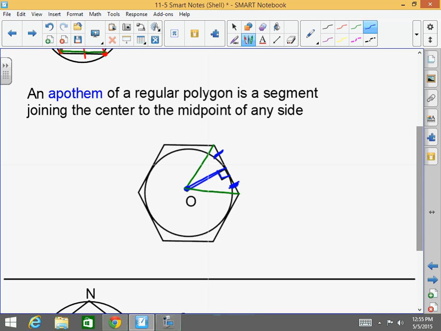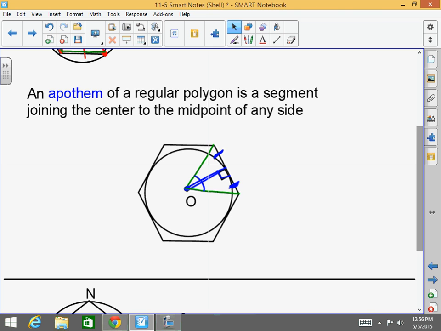And also what the apothem does, it's an angle bisector to the central angle. So the apothem bisects the central angle, bisects the side of the polygon that it intersects, and it's also perpendicular. You guys with me so far?